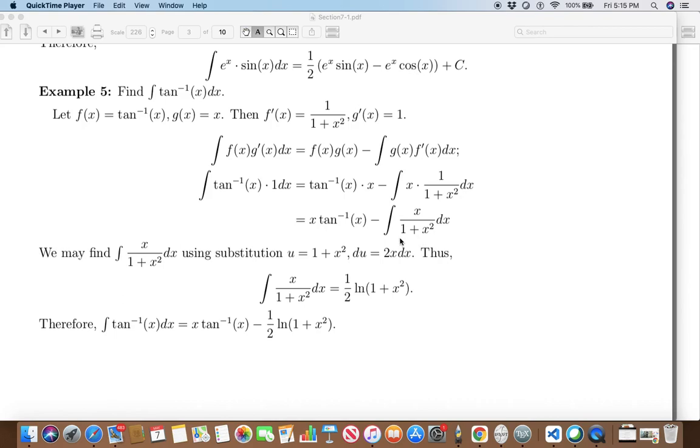Okay, so this integral is 1 by 2 natural log 1 plus x squared. So integral tan inverse x is x tan inverse x minus half natural log 1 plus x squared.